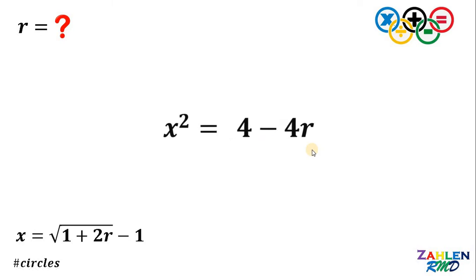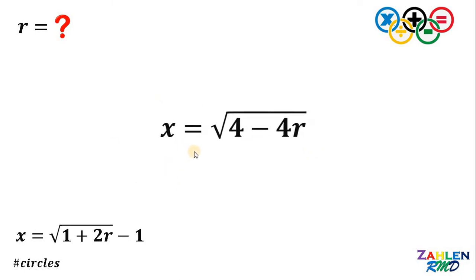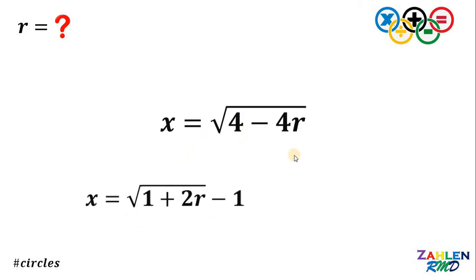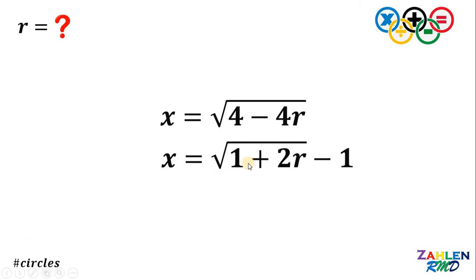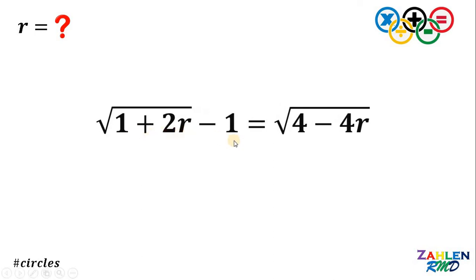Now get the square root on both sides, and the left hand side of our equation becomes x, and it is equal to square root of 4 minus 4r. Now take note that this is both equal to x. Therefore, we can say that square root of 1 plus 2r minus 1 equals square root of 4 minus 4r because they are both equal to x.